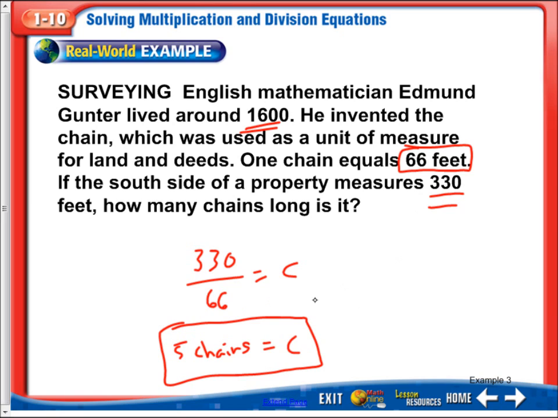Okay, if you wanted to set it up as an equation, probably a better equation for us than the first one I showed would be 330 equals 66 times C. Okay, so 66 feet times the number of chains. Then we can divide both sides by 66. Notice we already did that. Basically, we set up our problem to do that.